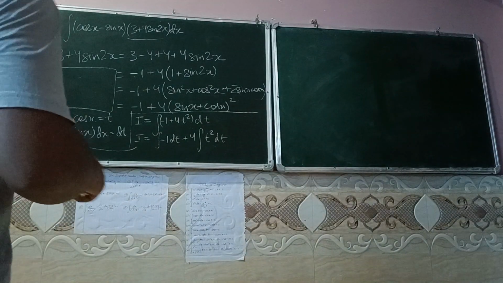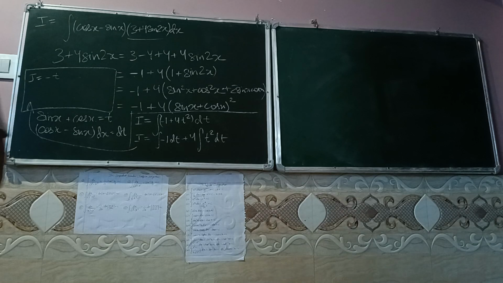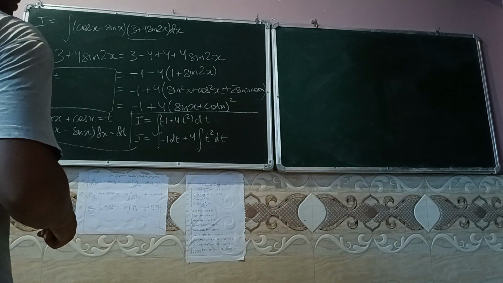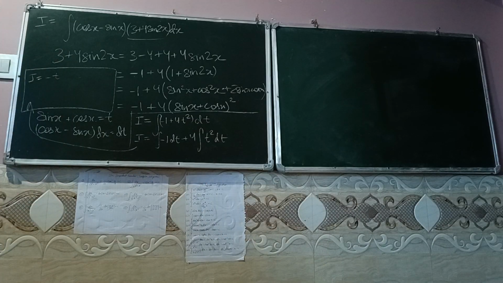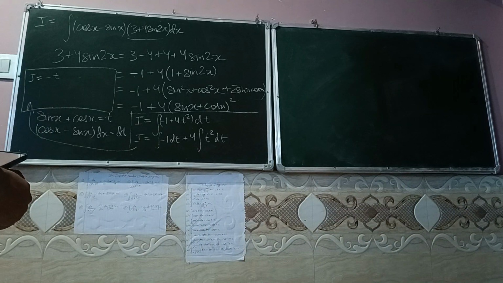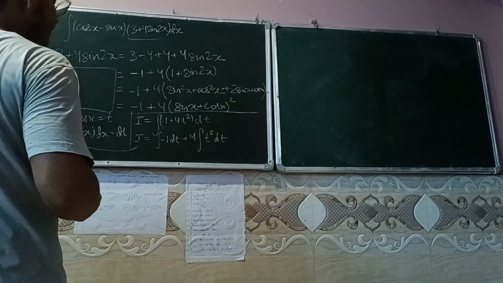Let me check whether I did something wrong. T squared over 2. Where, man? How?